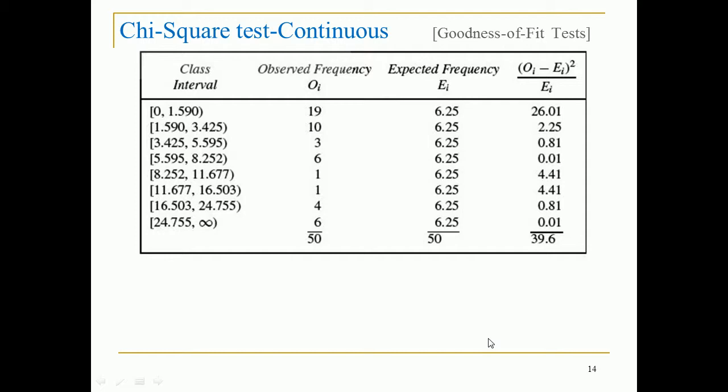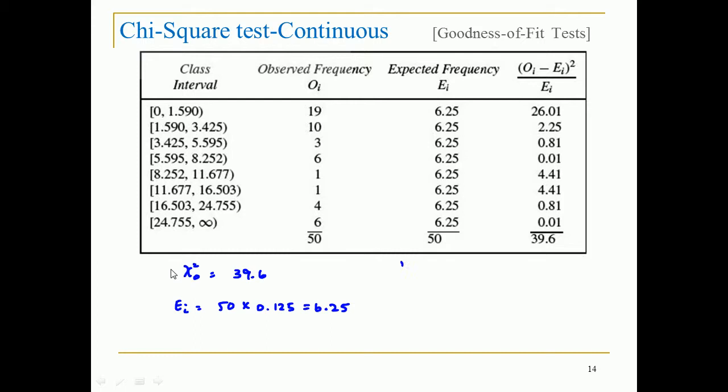Okay, so let me summarize that right here. We have chi-square observed equals 39.6. Remember, in order to get the expected, you multiply the number of observations times the probability. Since we have 8 intervals, the probability is 1 over 8, which is equal to 0.125. So this is 6.25.